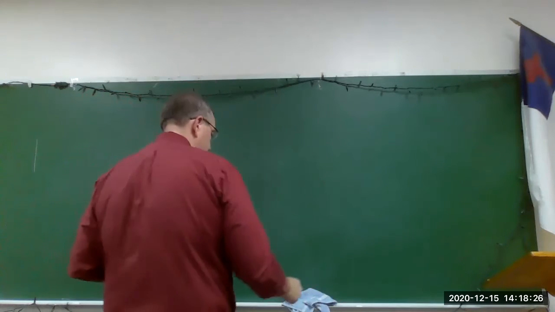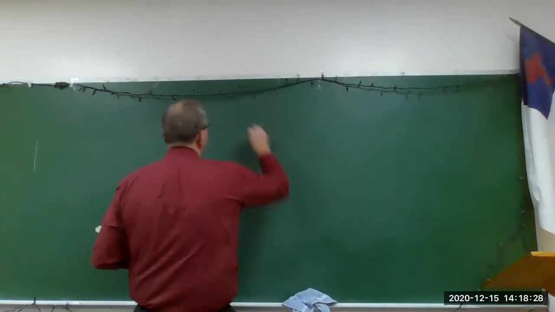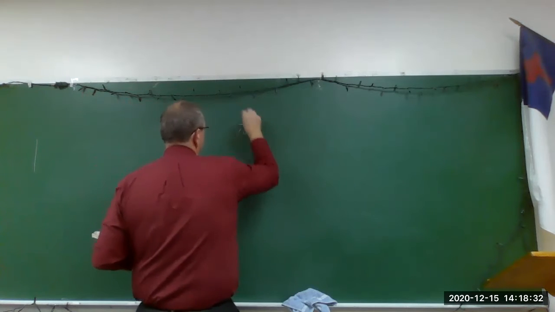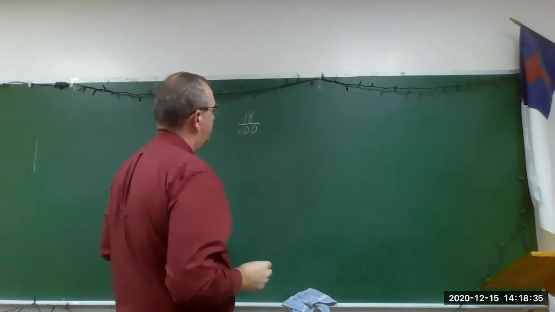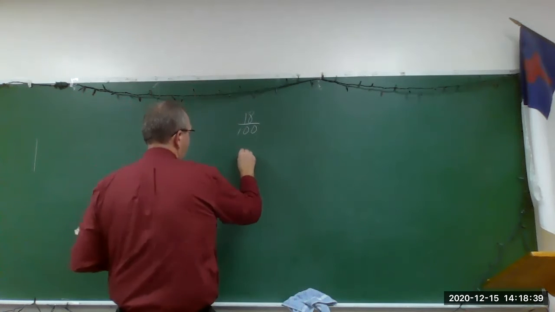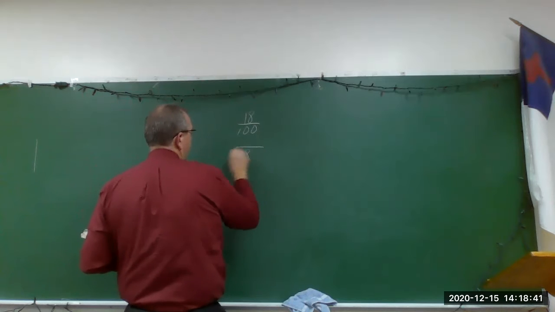Okay, so when we look down to the class practice and we look at letter A, it says 18/100ths, right? 18/100ths. Okay, now to change that to a percentage, we need to take 18 and divide by 100, okay?